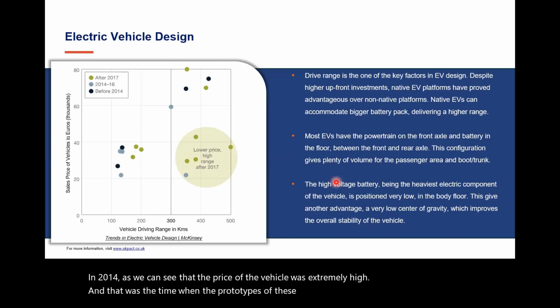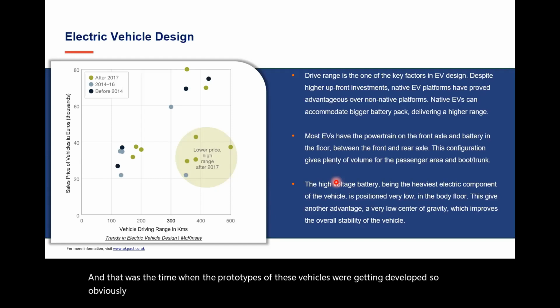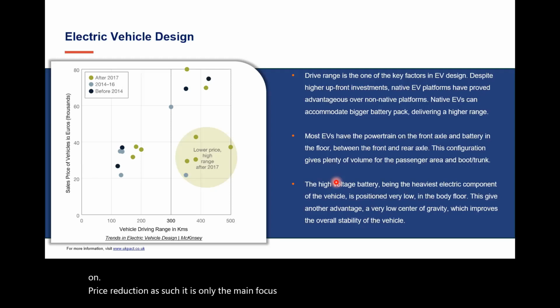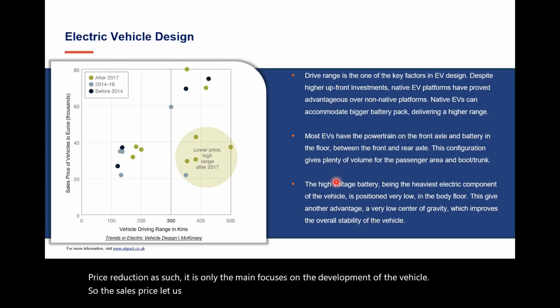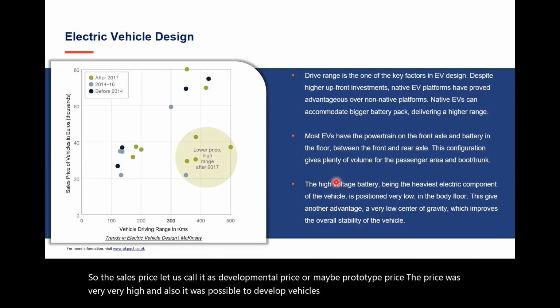So obviously, during the design stage, the costs are not known, or there is no clear-cut thought on price reduction as such. The main focus is only on the development of the vehicle. So the sales price, let us call it developmental price or maybe prototype price, was very, very high, and it was also possible to develop vehicles with good range, maybe somewhere between 300 to 400 kilometers.